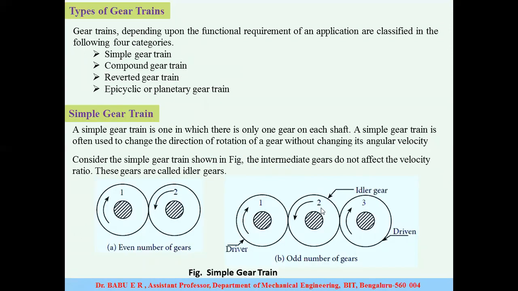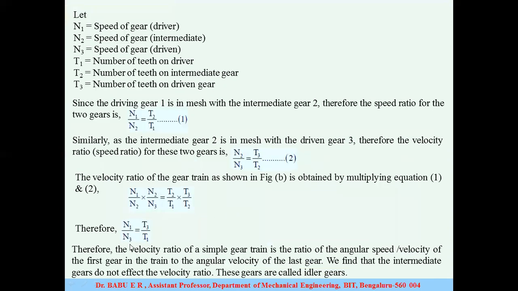That means the idler gear has no effect on the velocity ratio. Therefore, the velocity ratio of a simple gear train is the ratio of the angular speed or velocity of the first gear, that is n1, in the train to the angular velocity of the last gear, that is the third one.